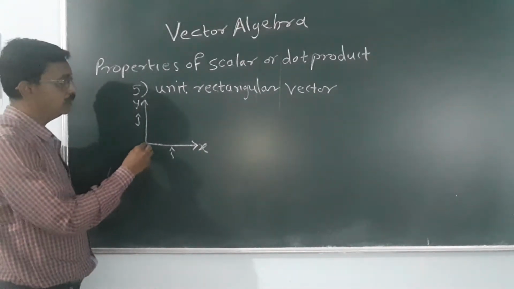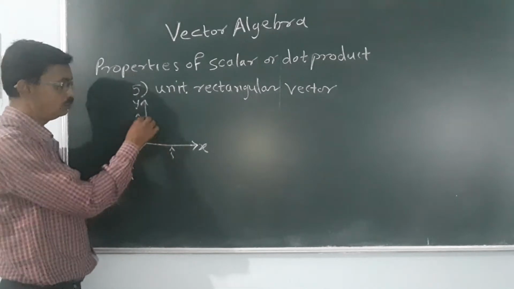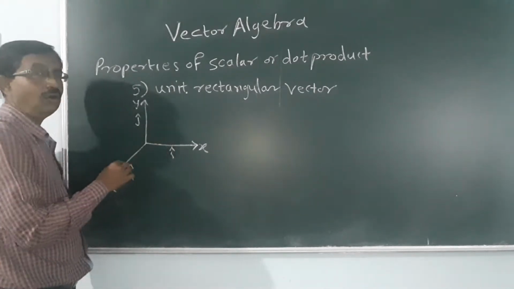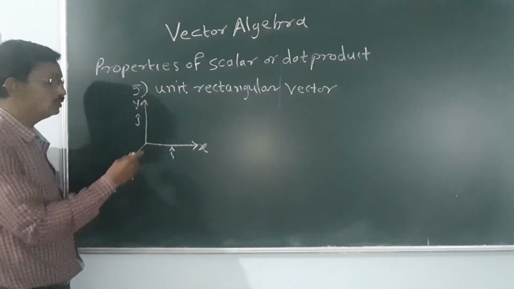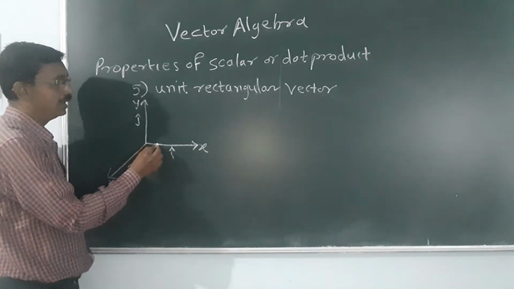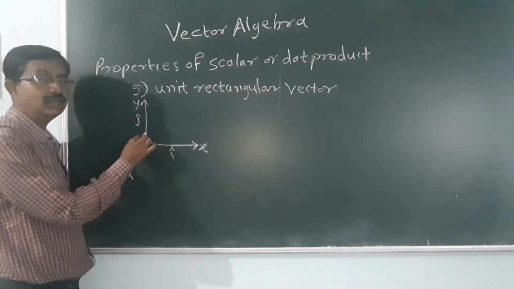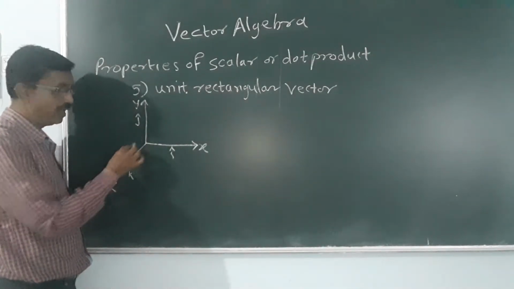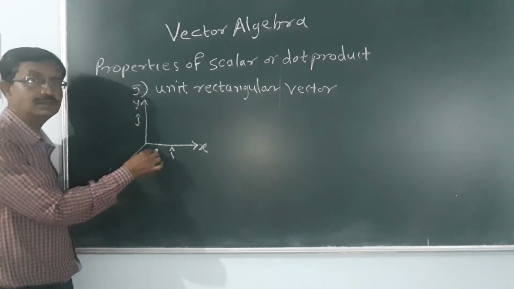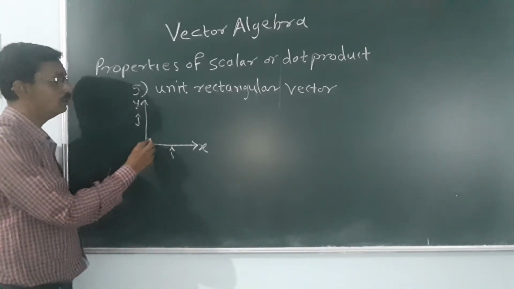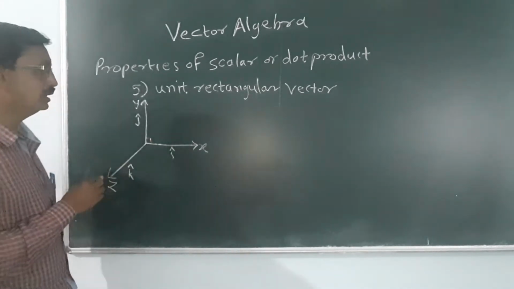As we already know, the x-axis, y-axis and z-axis are mutually perpendicular to each other. Therefore the angle between the x and y axes is 90 degrees, between the y and z axes is 90 degrees, and between the z and x axes is 90 degrees.